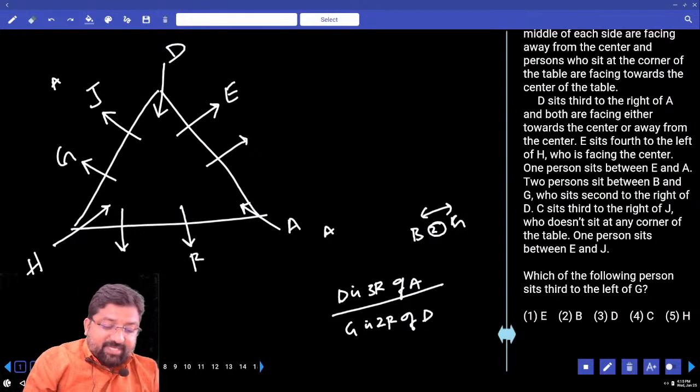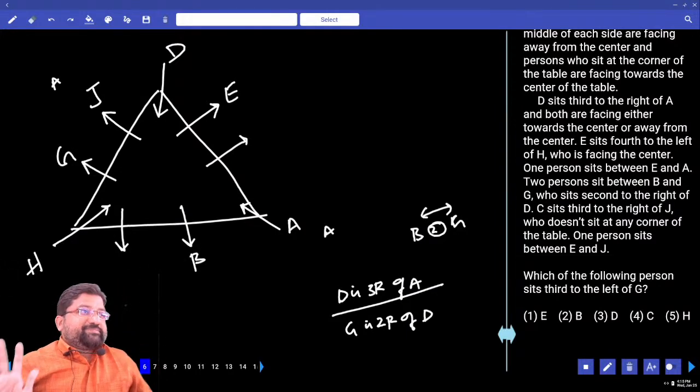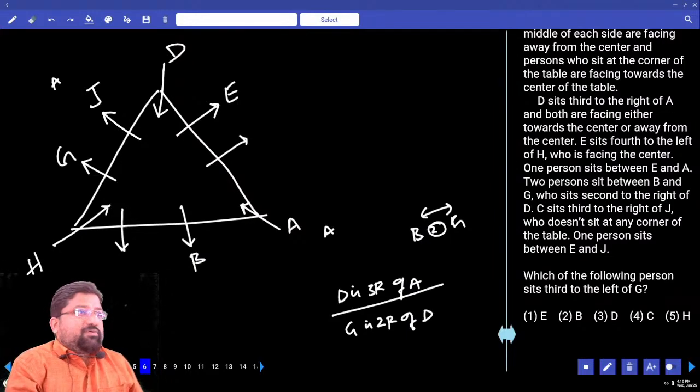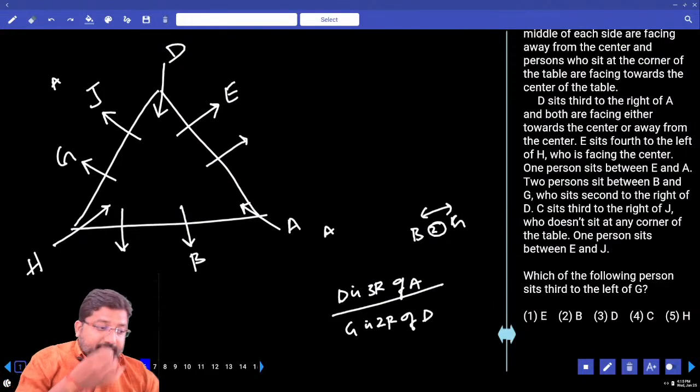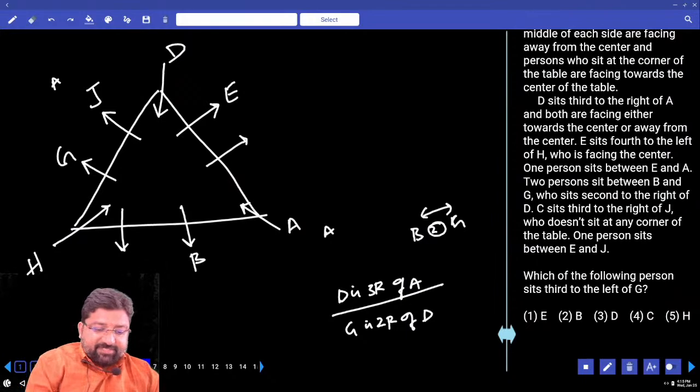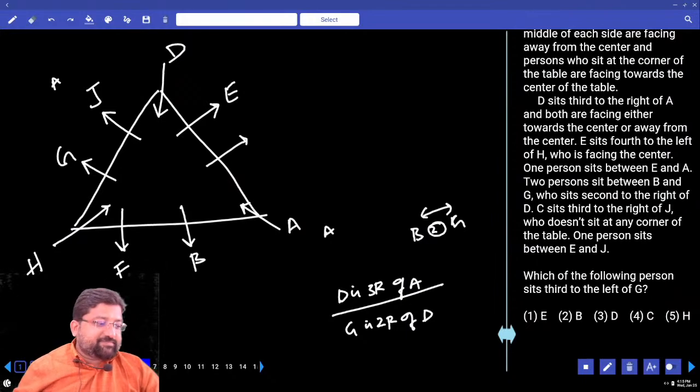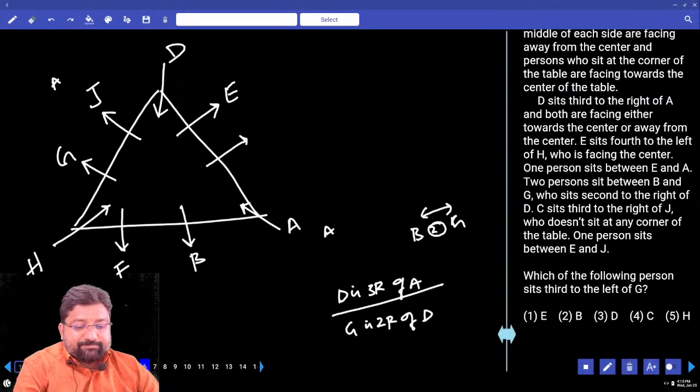Two persons. Done. Simple. Patience. I closed this question in a single class. This one person is left out. Who is he? A, B, C, D, E, and F is missing. I think this is F. Clear? Tell me.